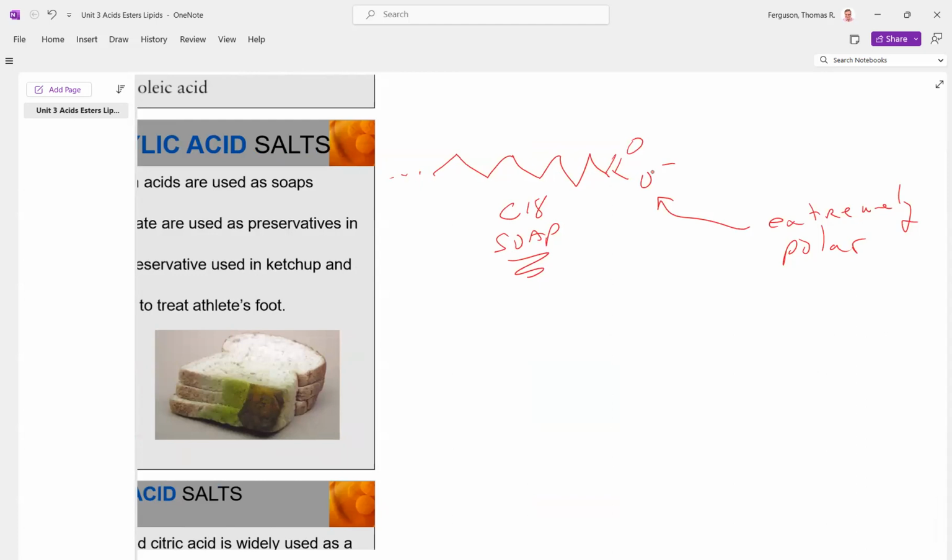That end is extremely polar because it's ionic. And with a long, long backbone, an alkane backbone, it's extremely nonpolar.